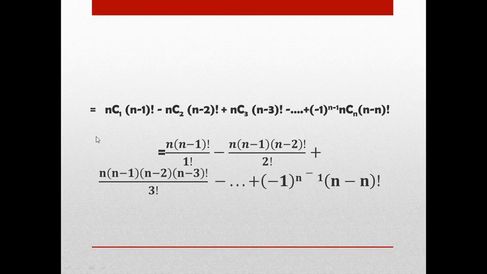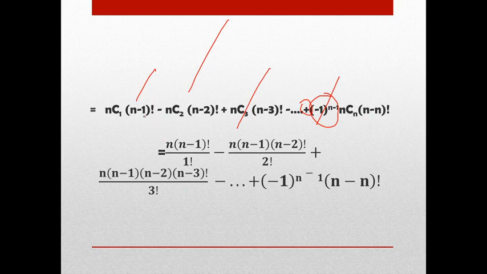Next, substituting all the values that we have found: nC1 times (n minus 1) factorial, nC2 times (n minus 2) factorial, and so on, with the last term minus 1 the whole power n minus 1 times nC n times (n minus n) factorial.